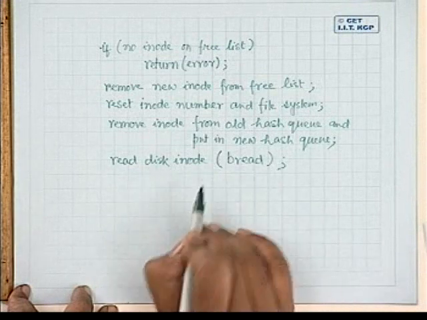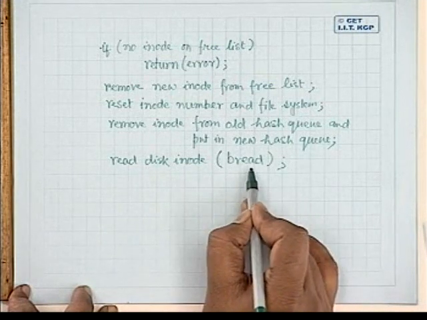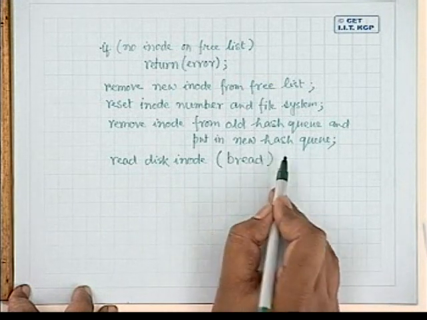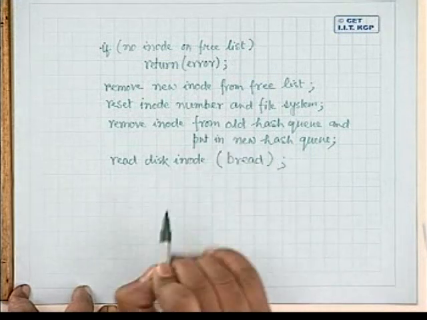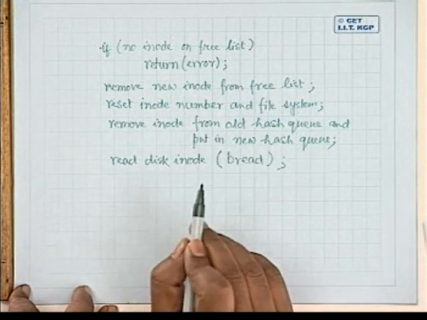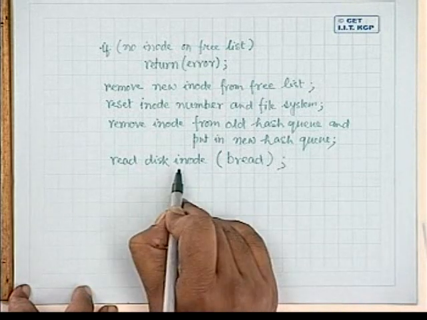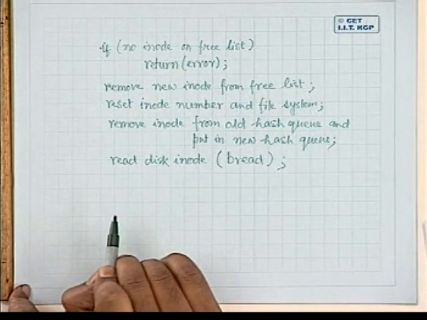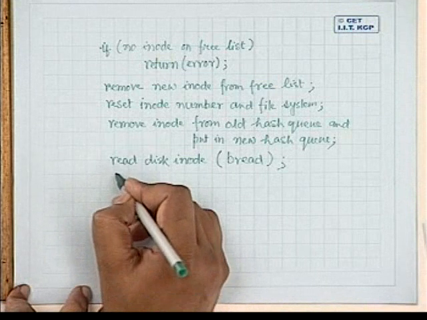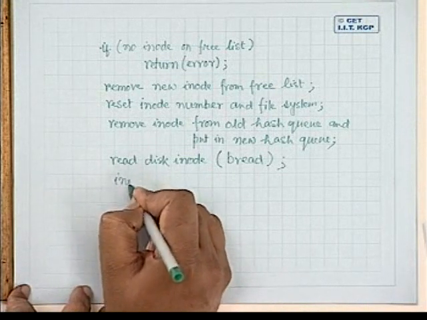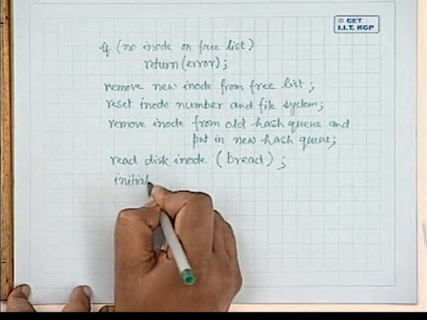Following the block read algorithm, the block containing the inode will be placed into a buffer cache. You filter out the inode from the buffer cache and put that into the incore inode. After that, I have to initialize the inode.